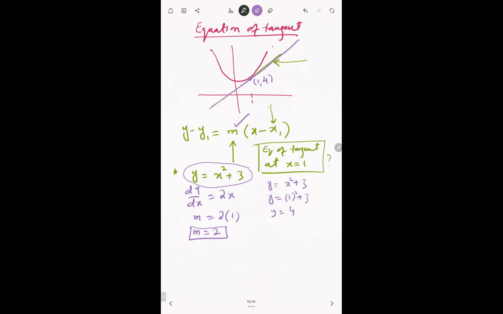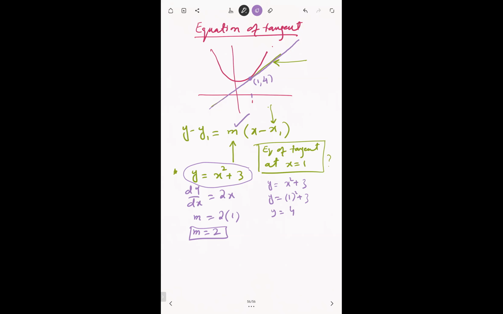So the x coordinate is 1 and the y coordinate is 4. The line is passing through the point (1, 4). So we got the coordinates as well.